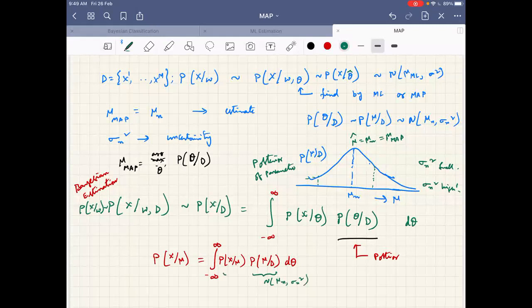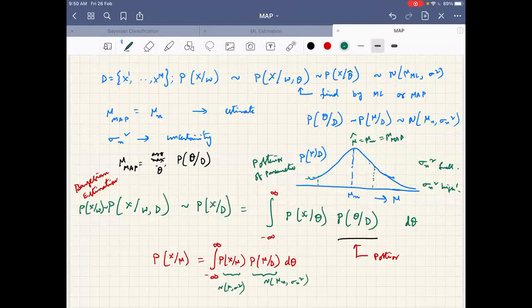And this is what? Can one of you tell what is P of x given mu? Normal with mu comma sigma square. This is the likelihood itself, parameterized by mu. If you substitute and expand, this involves an integral.